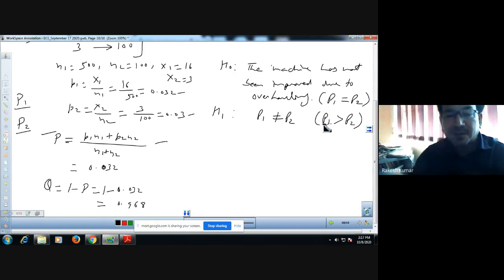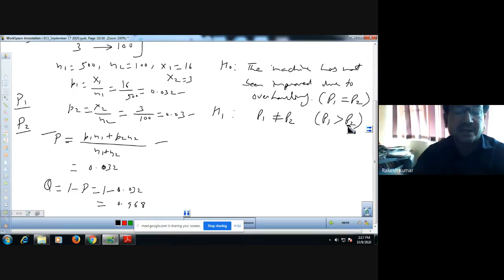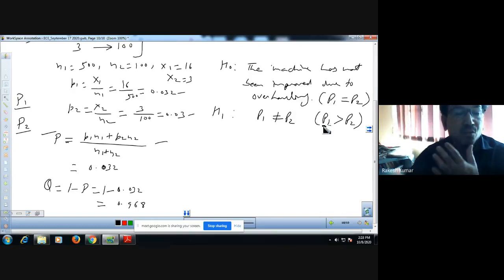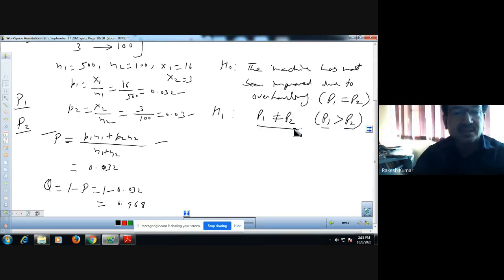That probability should be bigger than P2, because if the probability of producing defective earlier is bigger than the probability now, it means earlier the machine was producing more defective items, but now it is producing fewer defective items. So this is a right-tailed test actually we should take.